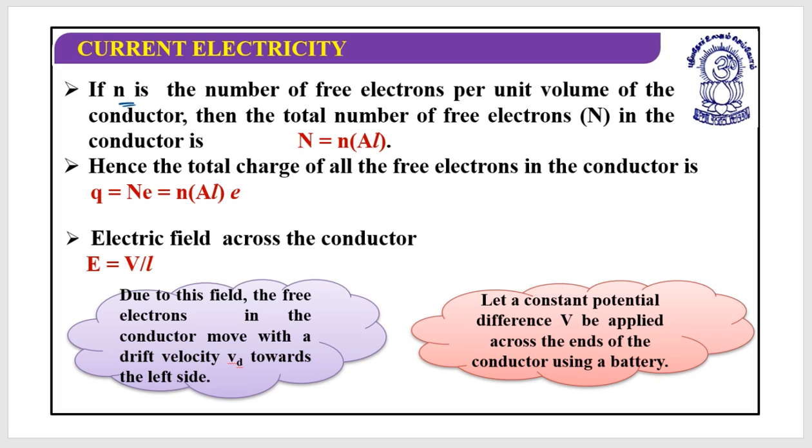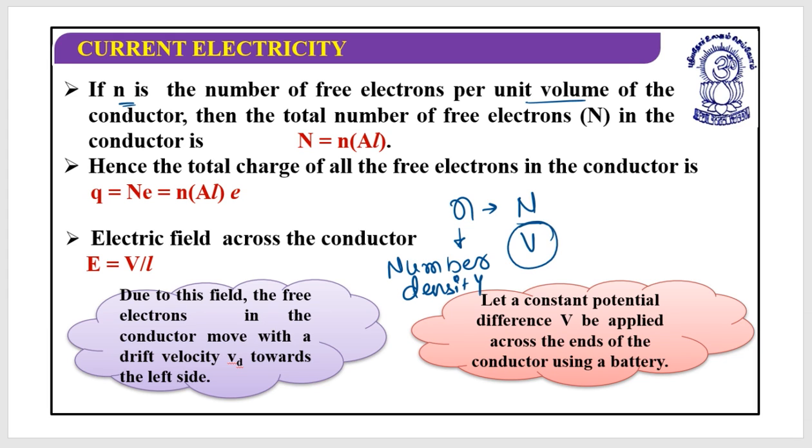So let's look: if n is the number of free electrons per unit volume, that means I define n as the number of free electrons per unit volume. This is what we call number density.